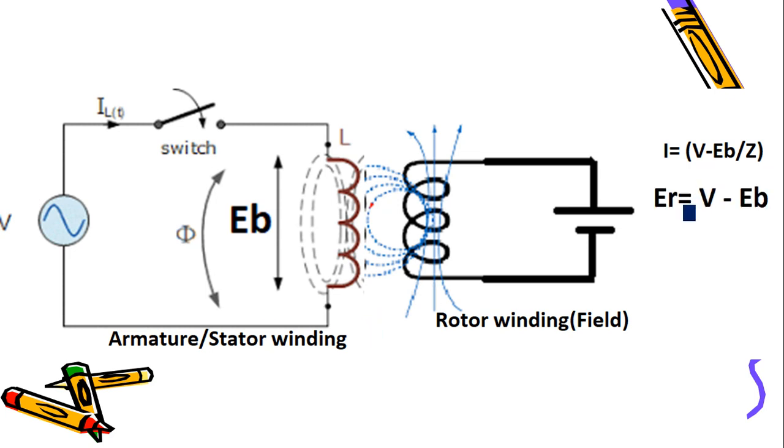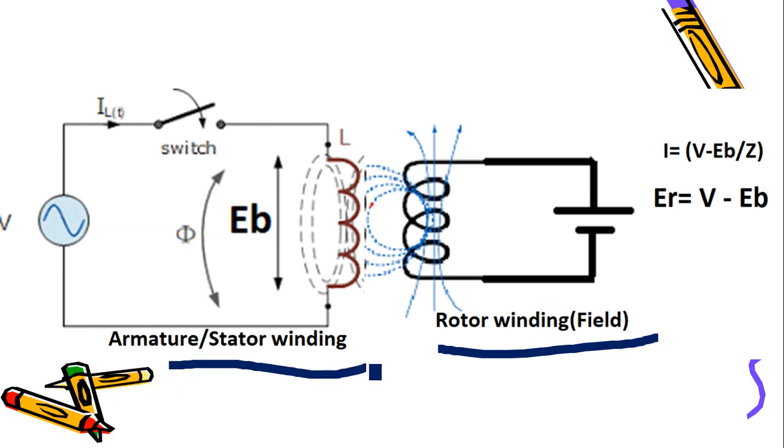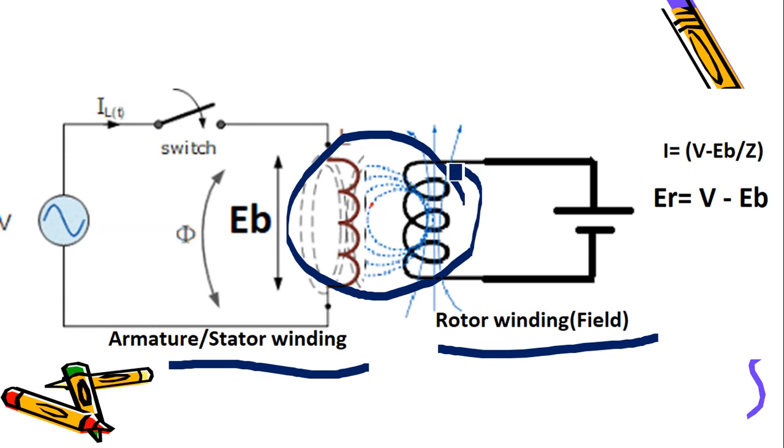There will be a resultant voltage, that is EB, if only this coil is there. Now, because of this additional flux, it may create a resultant voltage, and that will be the vector sum of voltage and back EMF. Let us see in detail what is happening. Only remember that we have a rotor field winding here which is DC, and an armature or stator winding which is AC supplied, and obviously in a synchronous motor both will be nearer.